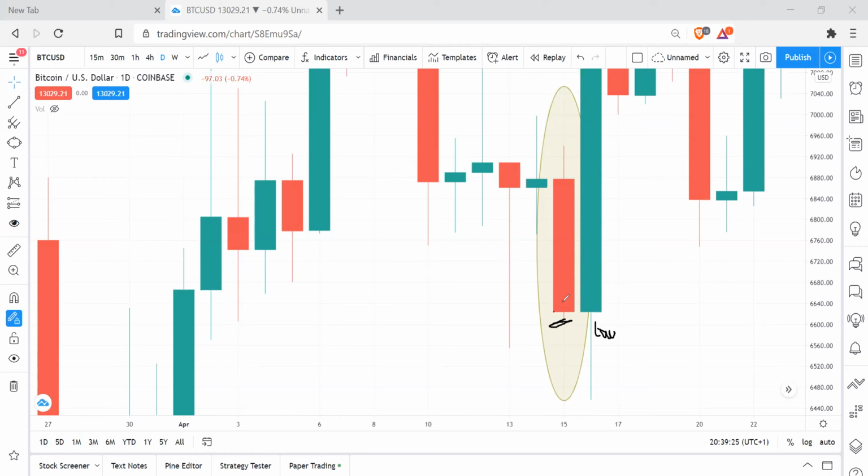Then what do we have here? This place where the red begins from, that is called the open. That's where price began trading from. This is a red candlestick, meaning that price sold.